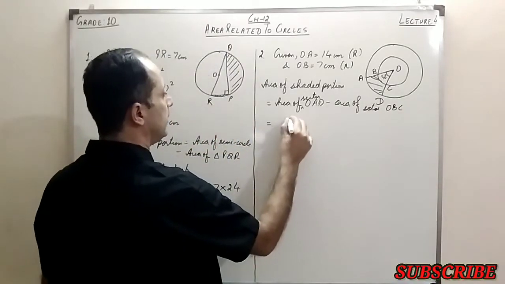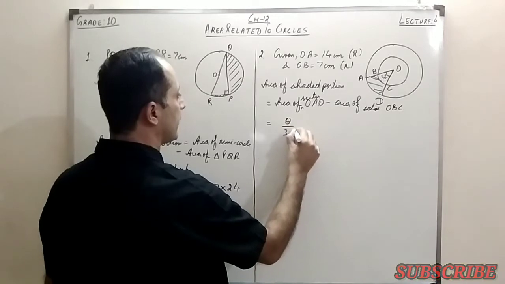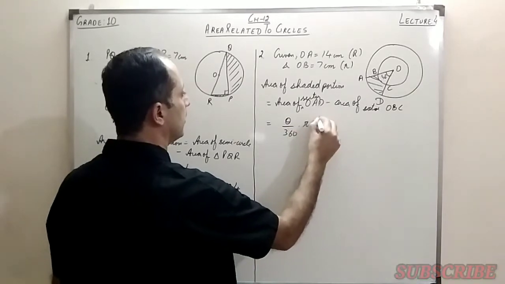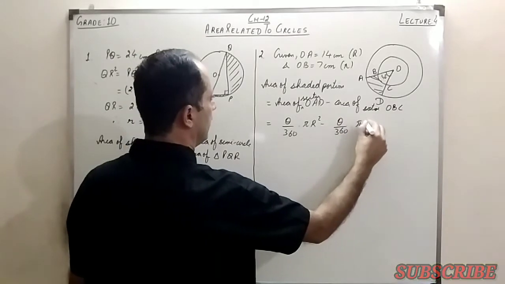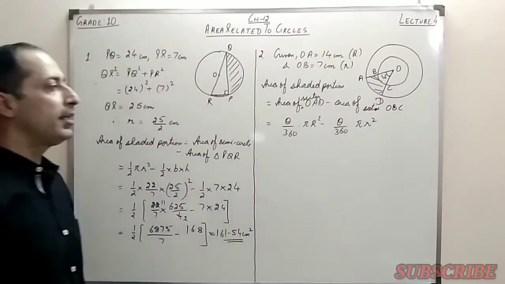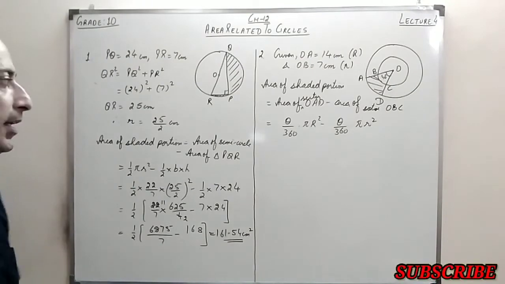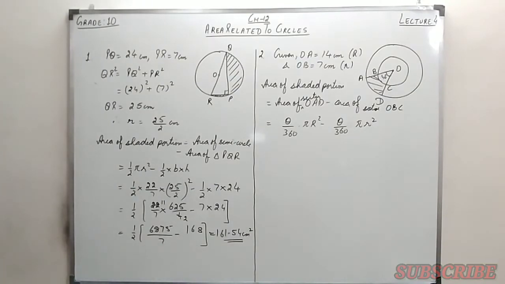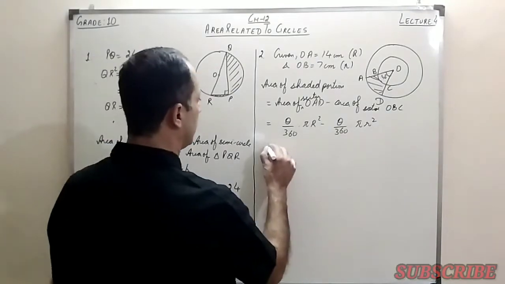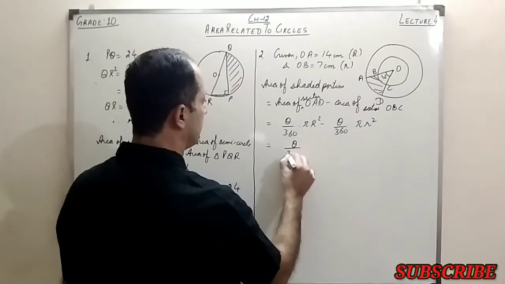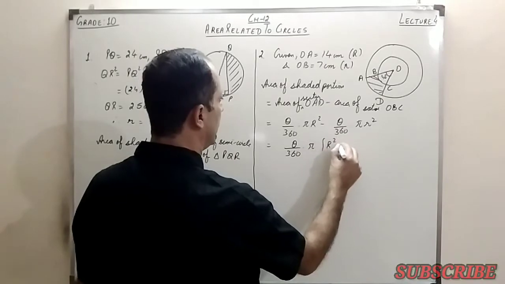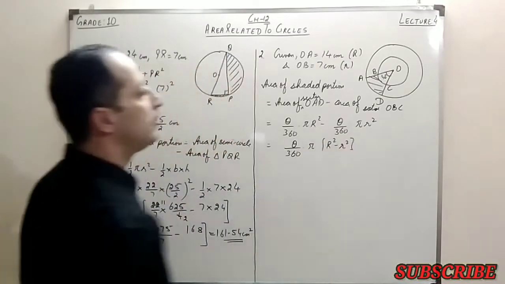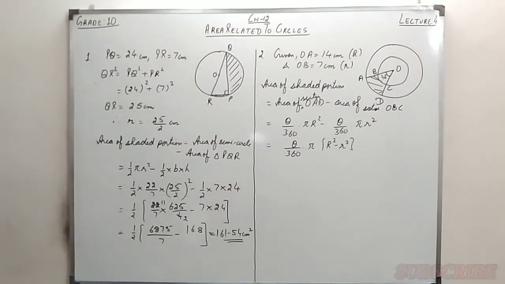So this is theta by 360 pi r square minus theta by 360 pi r square. Now what we can do, we can just simplify the formula more. We can take theta upon 360 into pi as common here. I can write this thing as theta upon 360 into pi I have taken common, and inside the bracket I have capital R square minus small r square, right?